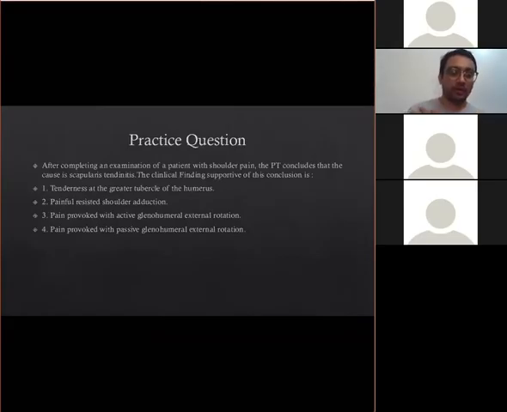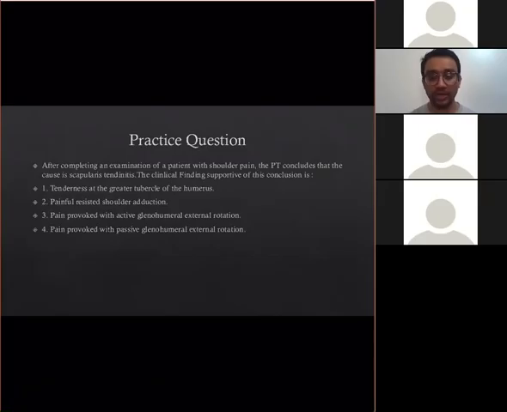In what range of motion do you stretch the muscle most, active or passive? If you have to stretch a muscle, because passive range of motion is always more than active range of motion, you can get more external rotation going externally this way passively. So option number 4 is most likely the answer here.